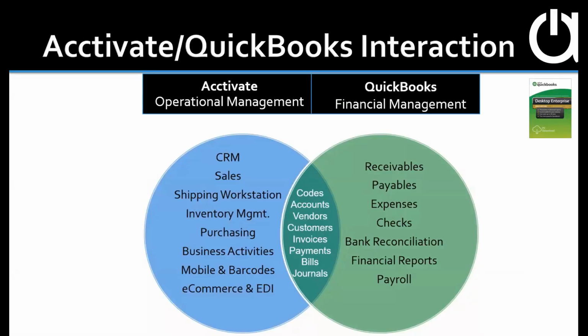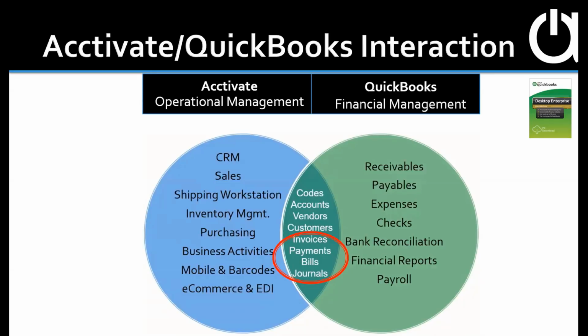I like to say it's like Vegas. What starts in Acctivate stays in Acctivate, and then we send information over to QuickBooks, and both of them have their own role that they like to perform. The actual transactions that go over are invoices, payments, bills, and journals.